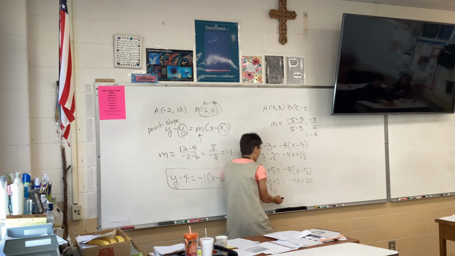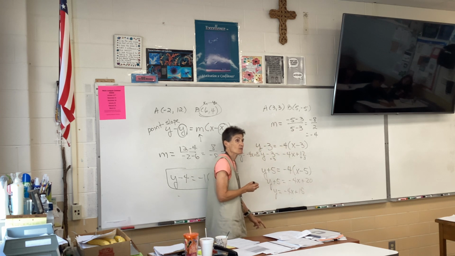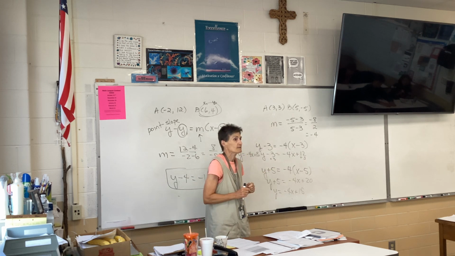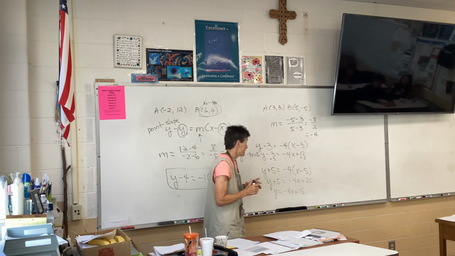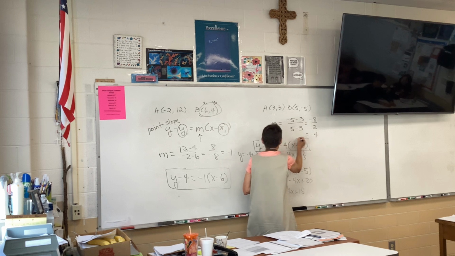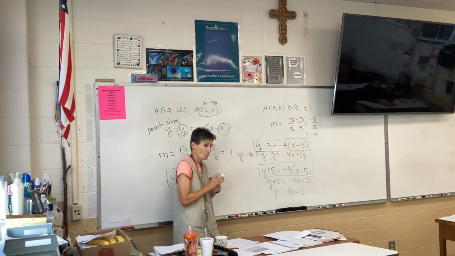When I get y by itself, I get exactly the same equation. So, yes, they look very different, but they are exactly the same set of points. Well, when it's just like that, we just leave it. Yeah. When it says point slope, you are allowed to stop here. That's the point slope form.